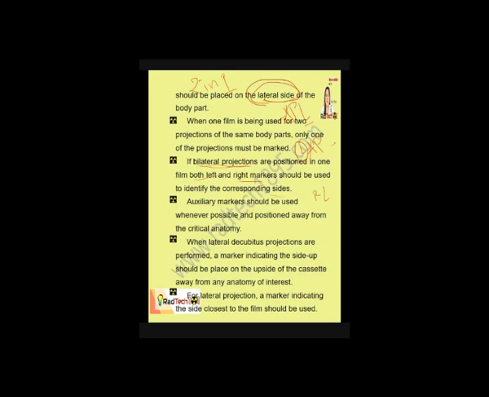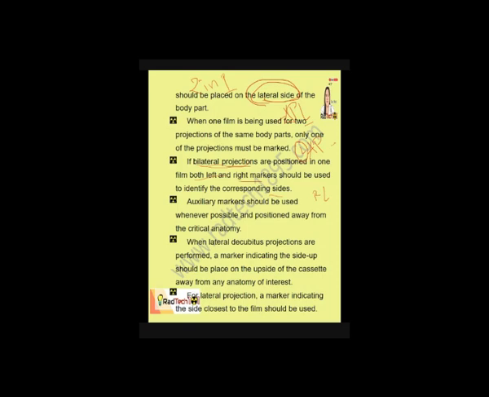So, kapag dalawa naman, halimbawa, both sides ng kamay, bilateral projections of hand, so left and right hand, dapat both hands should have a marker. So, kapag left hand, lagyan ng left, then right hand, lagyan ng right. So, dalawa dapat.